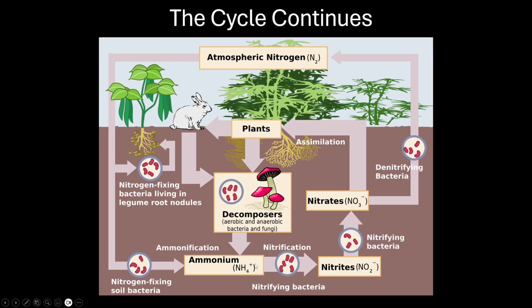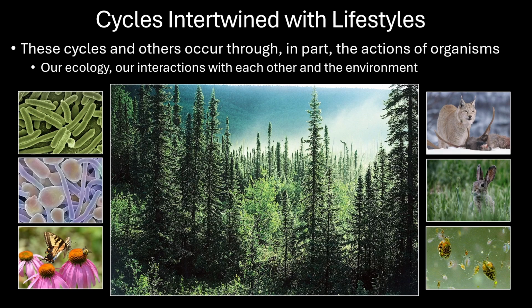You can have nitrifiers that utilize those ammonia molecules to produce nitrates and nitrites, and then you could have denitrifying bacteria that convert those nitrates and nitrites all the way over into nitrogen gas. And this process can be interrupted at any point by living things to be utilized in the form of organic nitrogen-rich molecules.